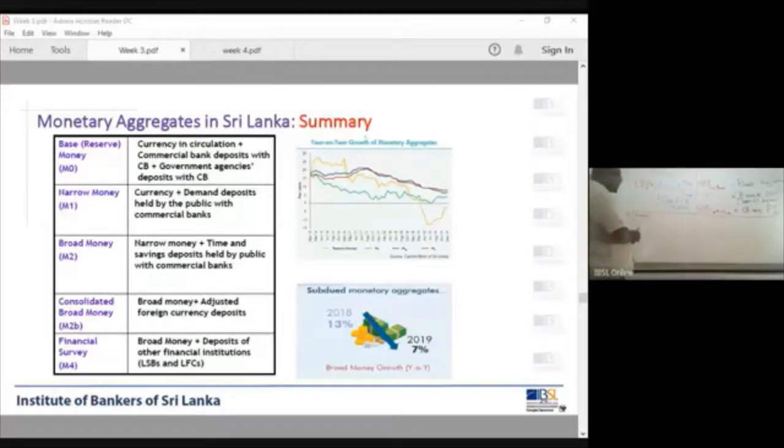In the case of narrow money, we have currency held by public, which is this component, this part. Currency held by public.